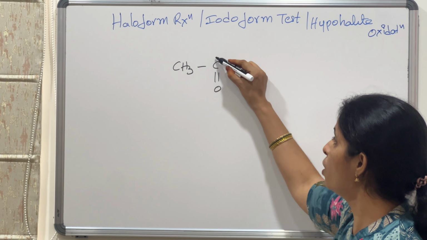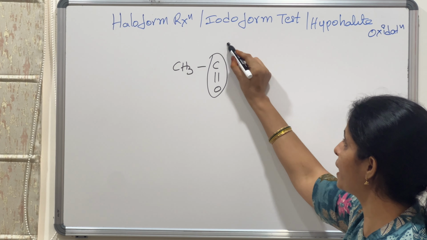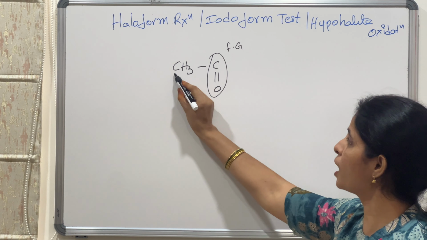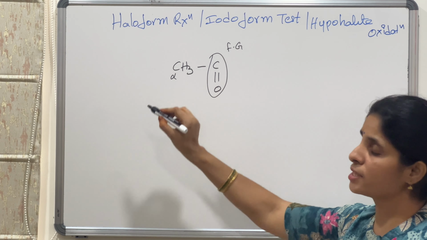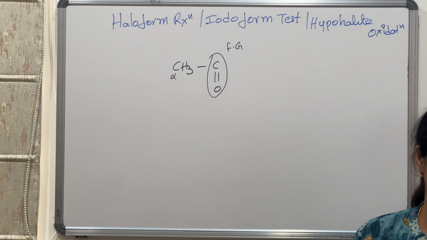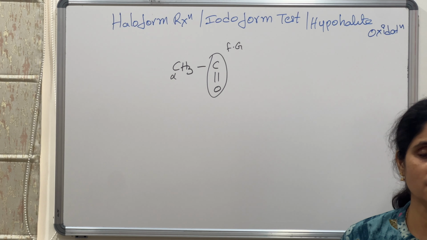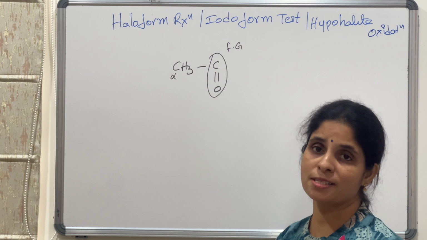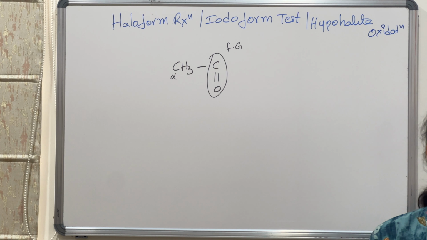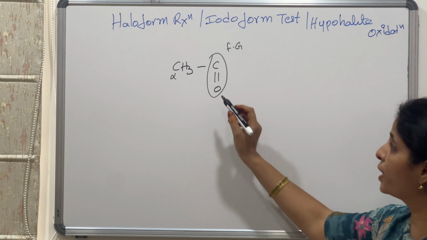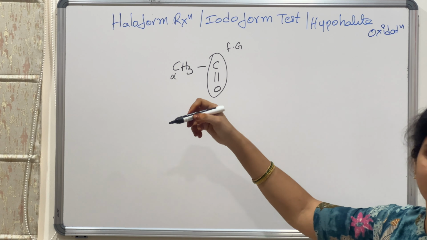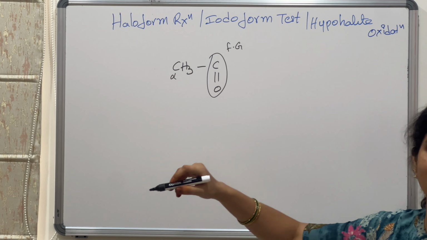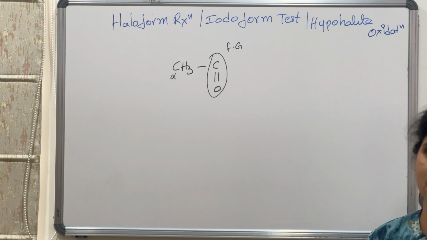I told you the functional group attached carbon is the alpha carbon and the hydrogens attached to the alpha carbon are alpha hydrogens. So what is the condition to give a positive haloform reaction? Aldehydes and ketones should contain 3 alpha hydrogens. That is the first condition.